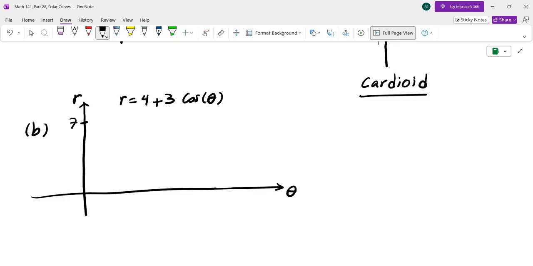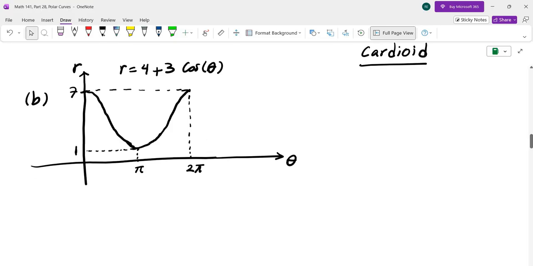So we have the maximum 7, it goes down, it doesn't get to the theta axis, the horizontal axis. It gets down to 4 minus 3, which is 1 at pi. Then it goes back up, and at 2 pi, we get to 7 again.